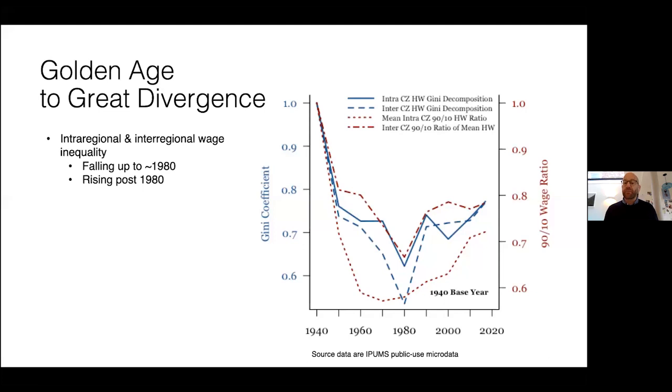And I should say, when I'm talking about inequality here, I am talking specifically about wage inequality as distinct from income inequality. I think that's an important distinction in the context of the work we're doing. And what we see very clearly here is this trend starting from 1940 up to 2000.